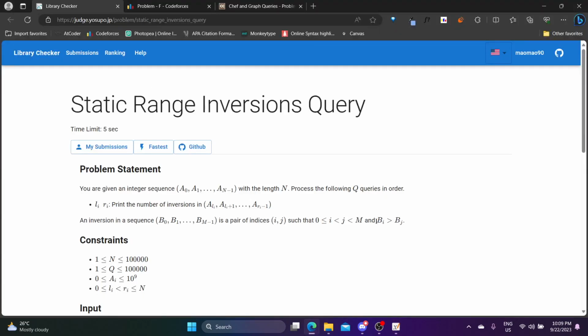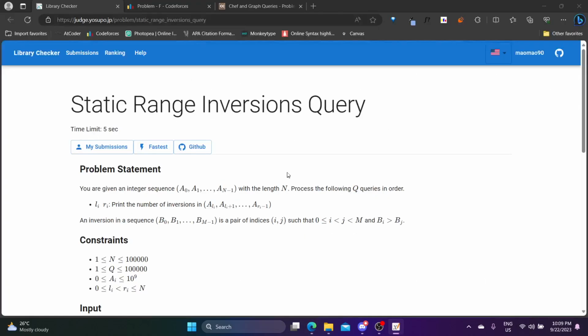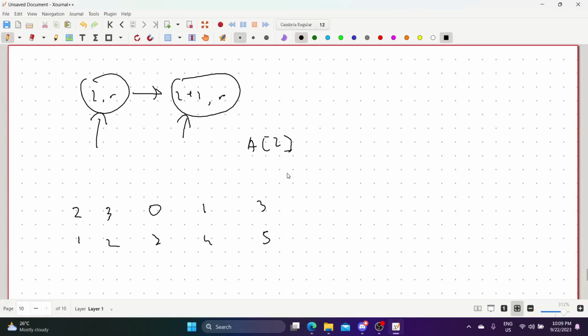We look back to the formula: for all i less than j with bi more than bj. Since L is the smallest in the range, we look for all the bj less than it. Let's say AL is 4, then we look for all the elements more than it, so AL contributed 5, and you need to decrease the answer by 5.